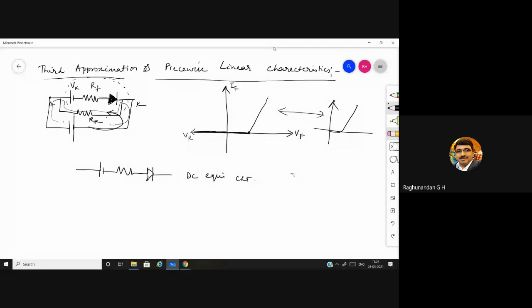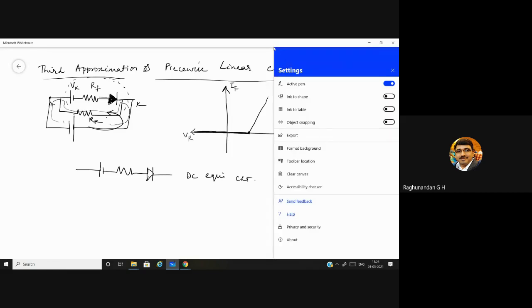We understood the characteristics and how we can replace a practical diode with passive and active components. Now we'll understand how we are going to find out the operating point as well as the maximum voltage and current a diode can withstand.